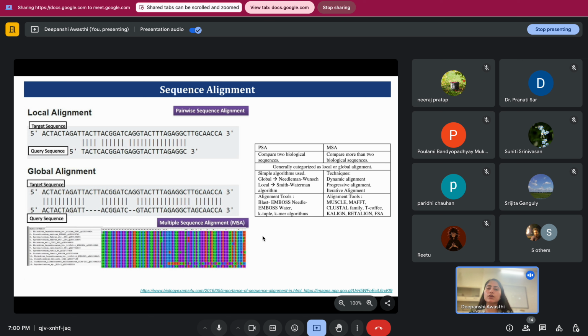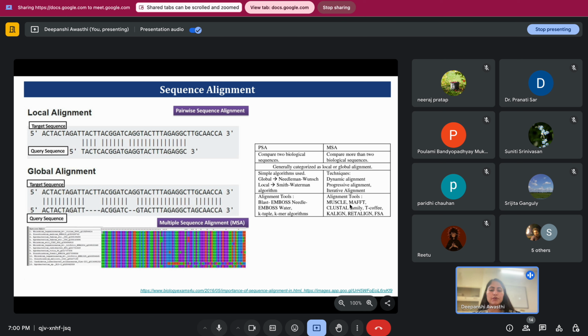For example, you're working with microbes, you got some unknown microbe and you want to sequence its genome. You don't know which species it belongs to. So you will do multiple sequence alignment to check what possible species it could belong to. So that is one case of multiple sequence alignment, in which you are mapping one single query sequence to multiple sequences at the same time.